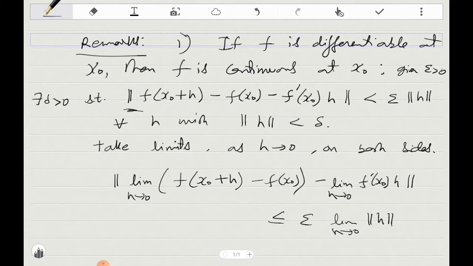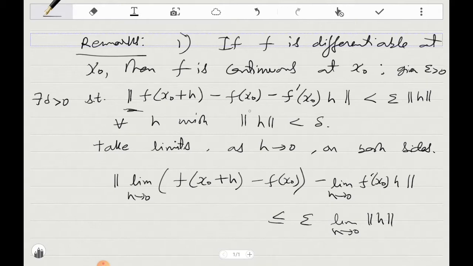If you want to be very precise, you can even avoid this limit notation at this stage. We already have this inequality for norm h less than delta. Then you just want to estimate f of x naught plus h minus f of x naught.